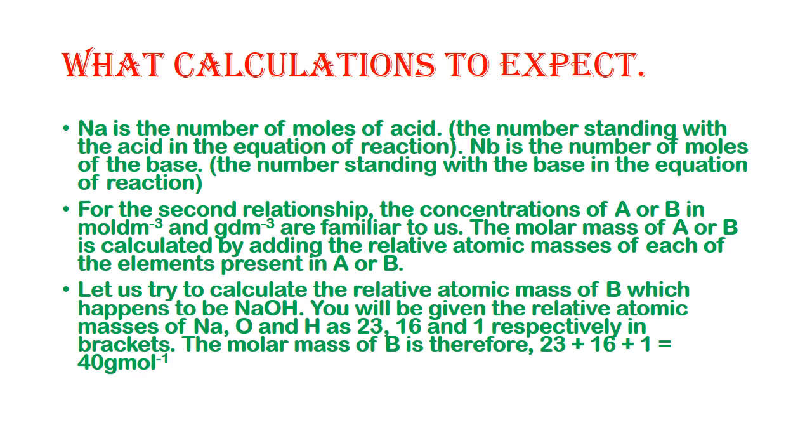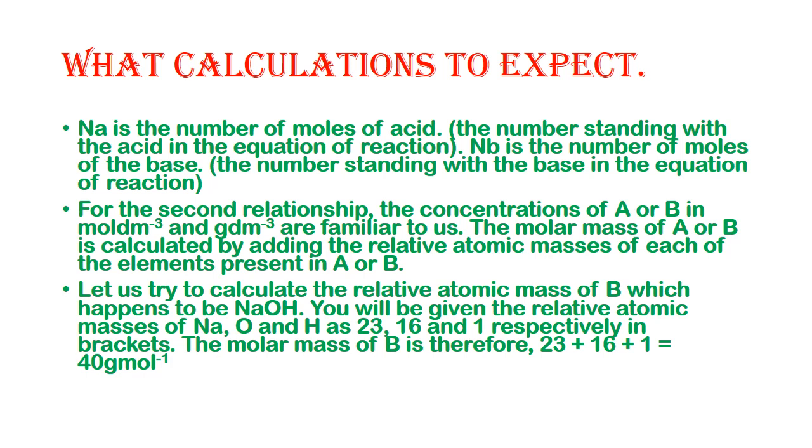For the second relationship, the concentration of A or B in mole per dm cube and gram per dm cube are familiar to us. I've explained it before. The molar mass of A or B is calculated by adding the relative atomic masses of each of the elements present in A or B. Let me further explain that.